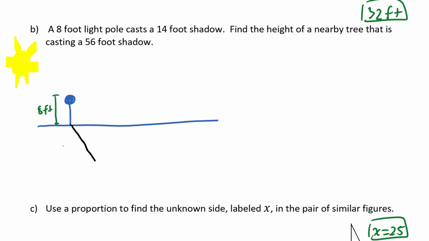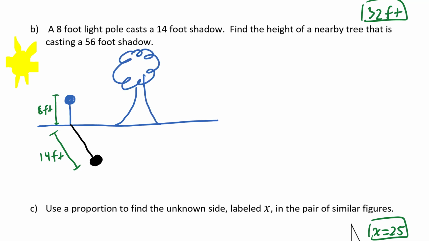Let's draw a little shadow here of it. And it says that this shadow is 14 feet. Here we have a nearby tree, and this tree also casts a shadow caused by the sun.